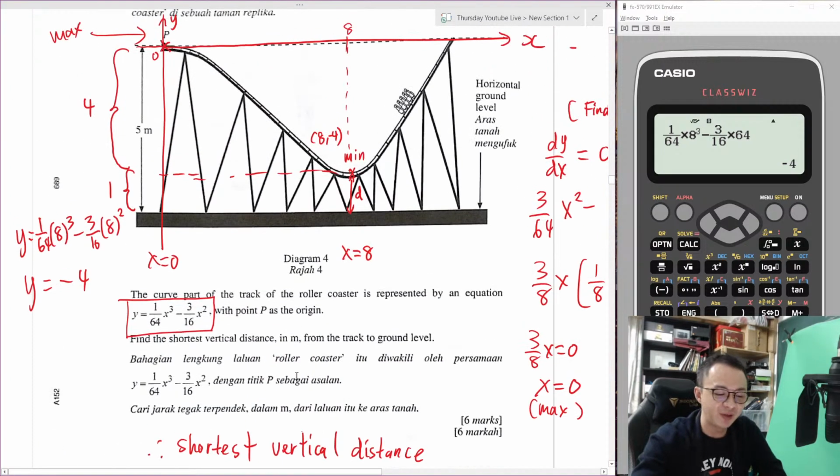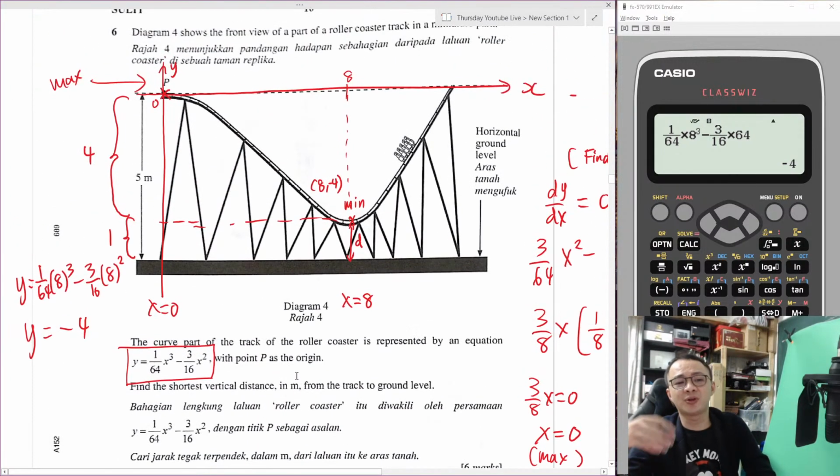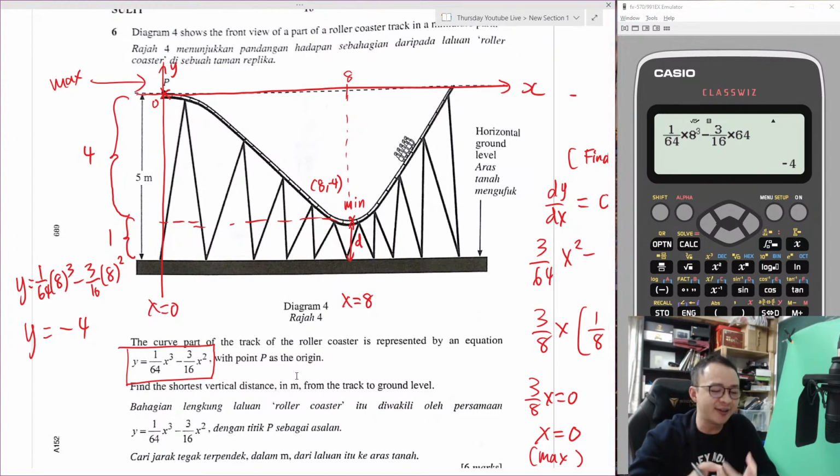Alright, so if you understand the logic, this roller coaster question is not too complicated. Like I said, the only challenging part is that you don't have the y-axis and x-axis in this question. But if you manage to draw it or find it, then the whole question is still fine.